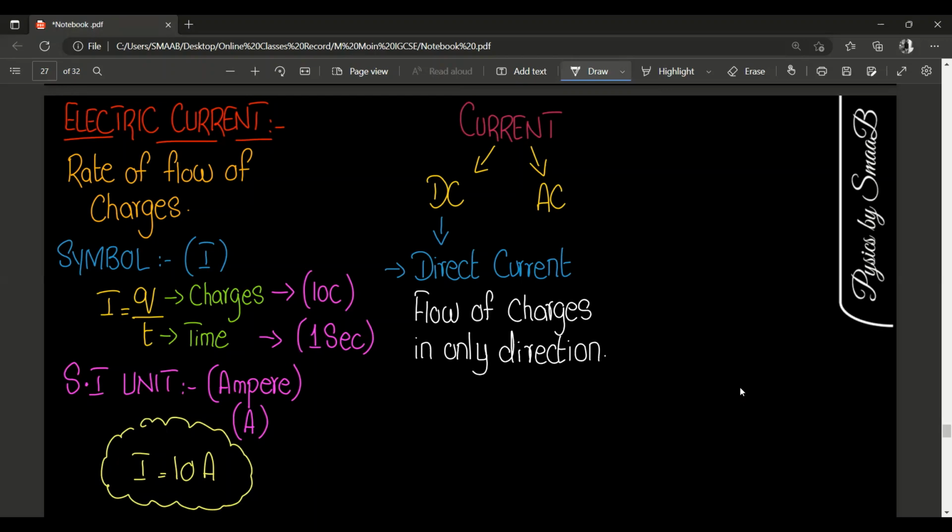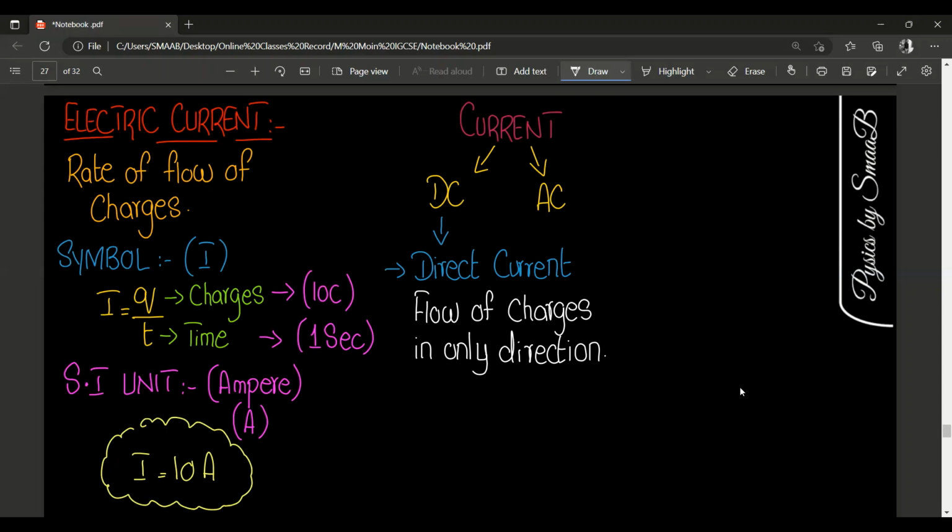Or we can take the example of a cell also. Let's suppose a cell is connected in a toy, in a clock, in a remote. Current is only flowing in one direction, that is from the source, which is a battery or a cell, to the circuit of the remote, mobile, tablet, or anything in which we are using the cell or battery.